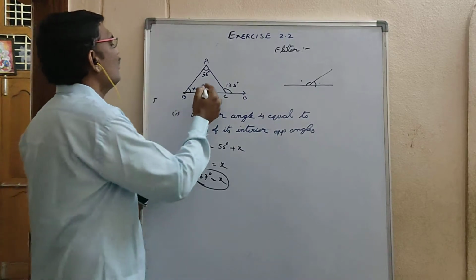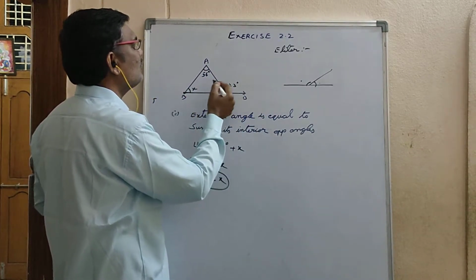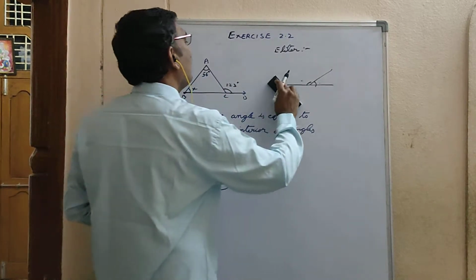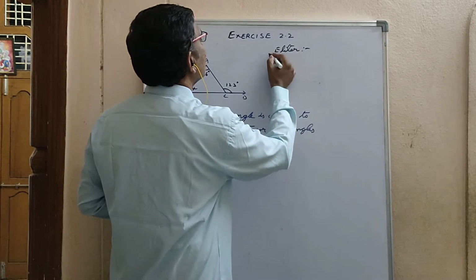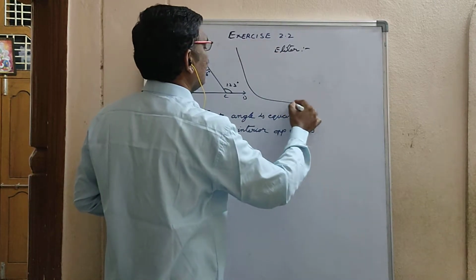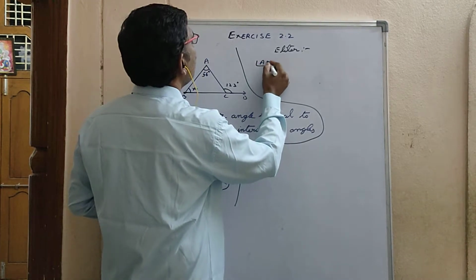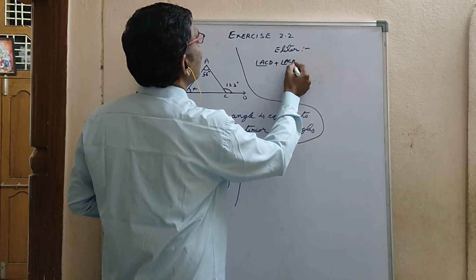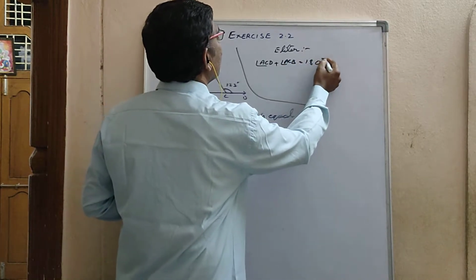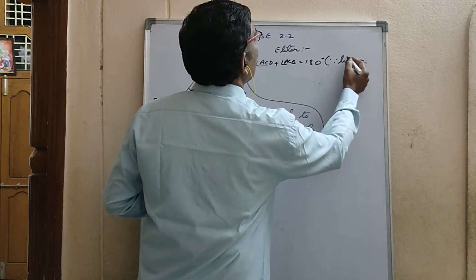So angle ACD and angle ACB form a linear pair. So I am writing here: angle ACD plus angle ACB is equal to 180 degrees, since it is a linear pair.